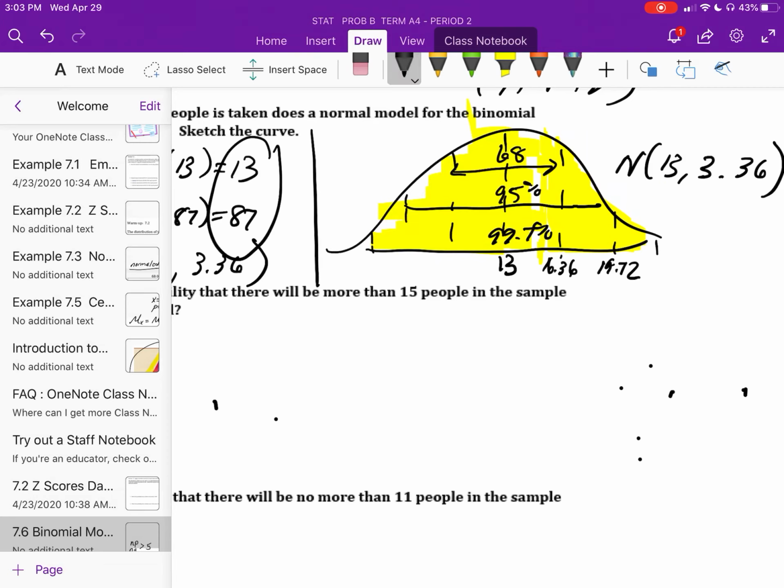So I'm going to, I don't know if I can get rid of that right part. There we go, right? So 15 or less. So we want to know what is the probability that X, or in this case, since we're using a binomial model, the probability that our observed value for P is less than 15.